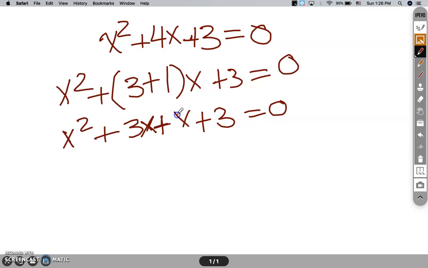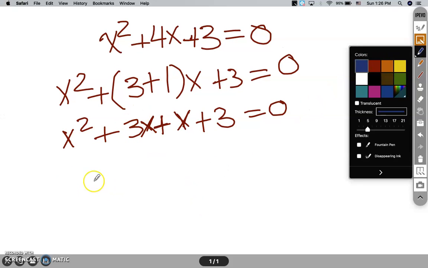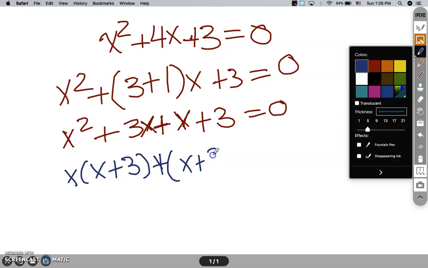Okay? So then, now, we're going to split this into two different parts and factorize it. So the factor of these is going to be x. So I get x plus 3 here plus, and then I just have x plus 3 here. So now I can just bring that one down to get x plus 3, right?